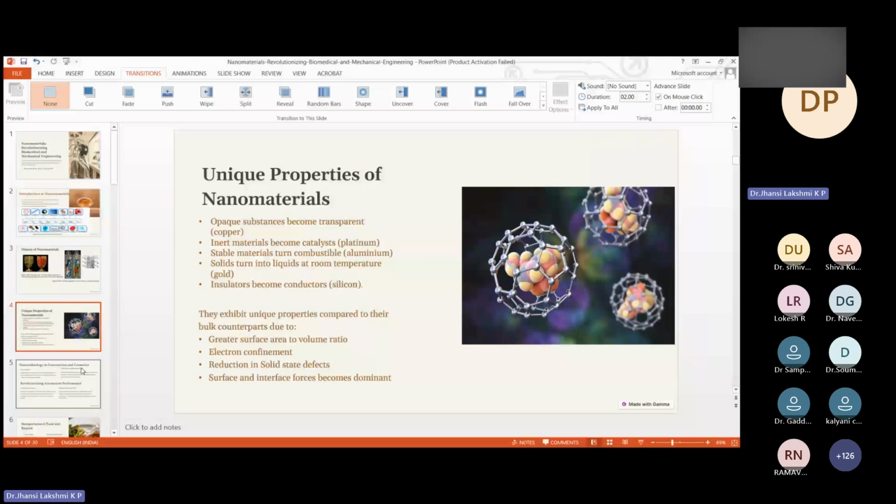Now convert into PowerPoint presentation mode. On your screen you can press plus. Now is it visible? No, the text color is not visible. I can read the heading, unique properties of nanomaterials, but I cannot read what is below.